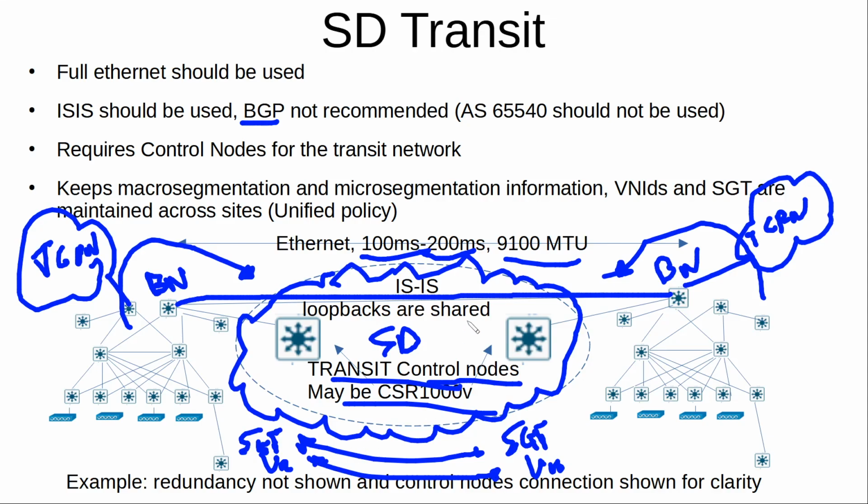Given we are going to use VXLAN tunnels end-to-end, the scalable group tag information and the VNID information will be transported end-to-end.